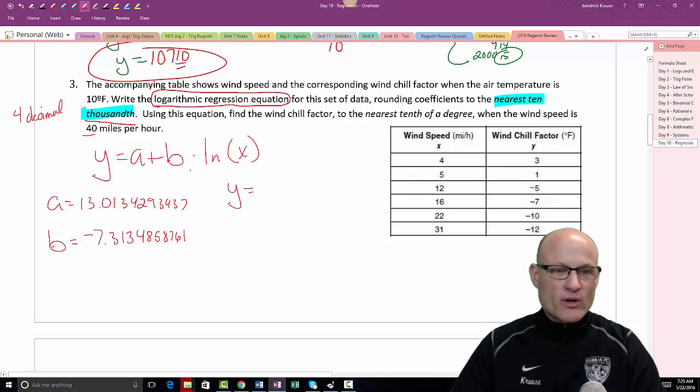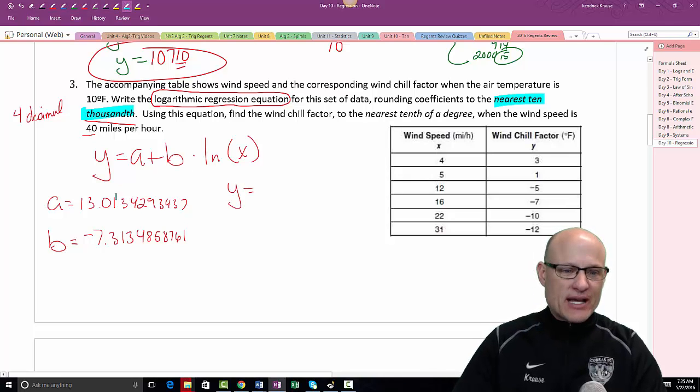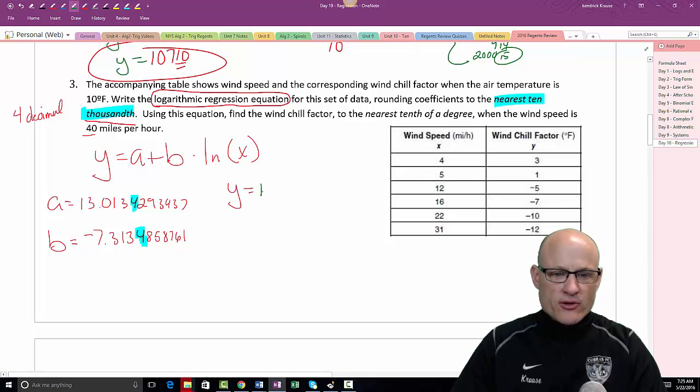Y equals, we want to round to the 10,000ths place. Let me highlight that. 1, 2, 3, 4. That's this one. So Y equals 13.0134. Why do my 4s always look like 9s?